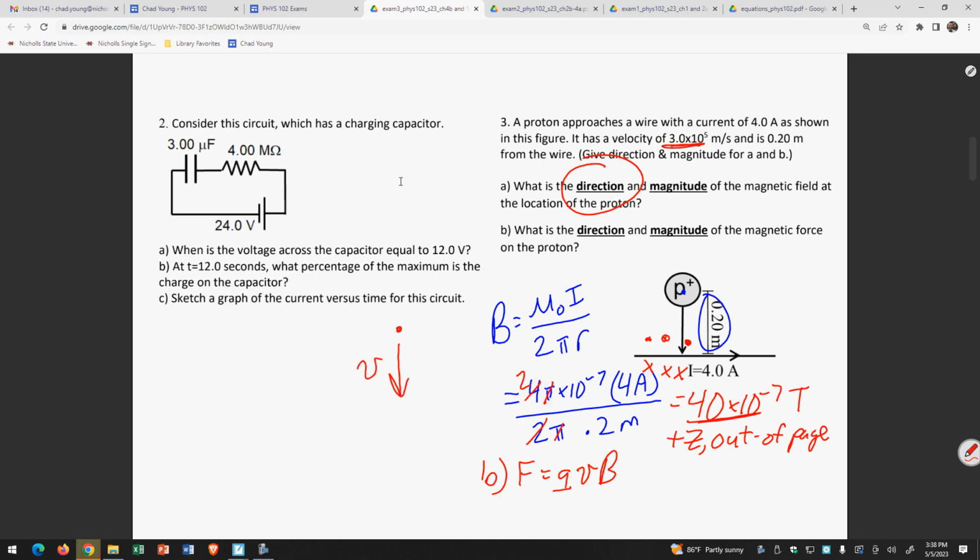I have a magnetic field vector that's out of the page. I like to redraw it like that to get it out of the messiness of the figure. V is down, B is like this, and so it's going to be to your left. So my force then is in this direction.